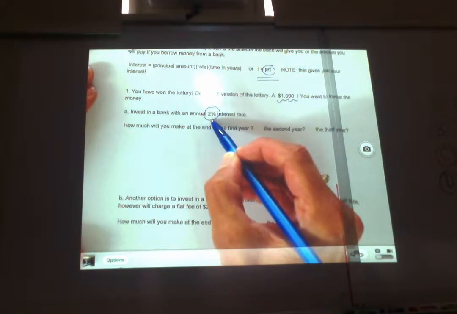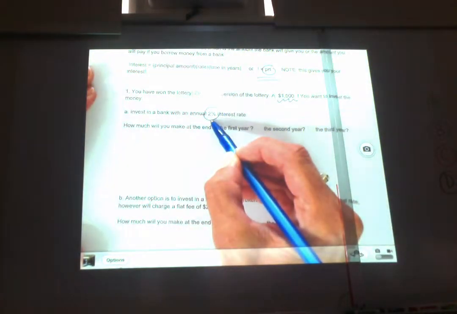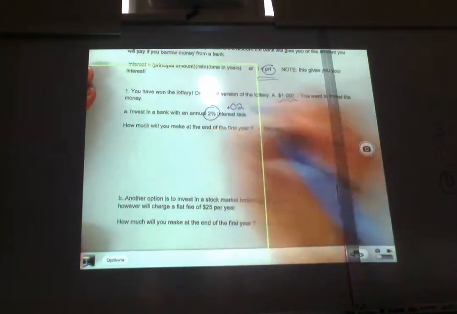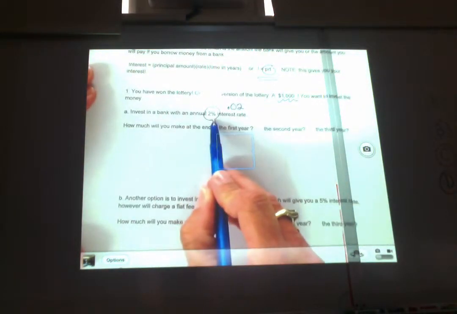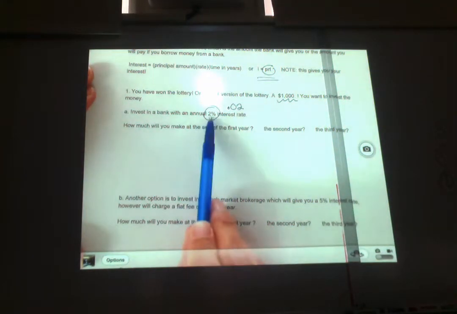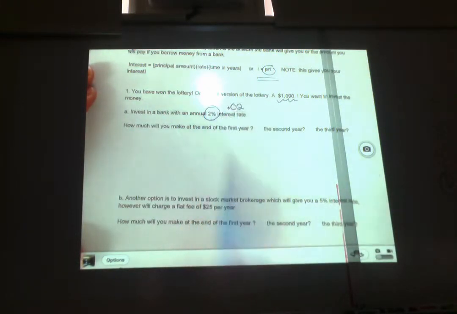Folks, the 2%, we have to put that in decimal form. What does that look like in decimal form? 0.02. Okay? Percent means per 100, or divide by 100. That's where this 0.02 comes from. But mostly you'll just get the hang of what to do with an interest. How do I turn it into a rate?